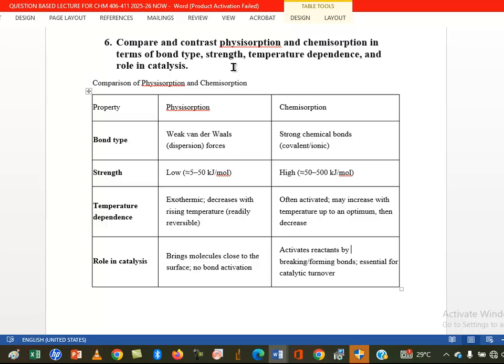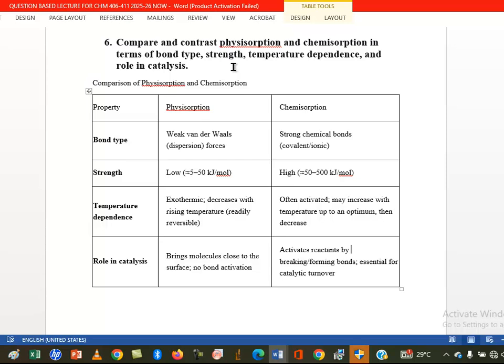Adsorption means that the substance you are applying stays on the surface. While absorption means that it penetrates the surface and enters into the bulk of the material. That is the difference between absorption and adsorption.